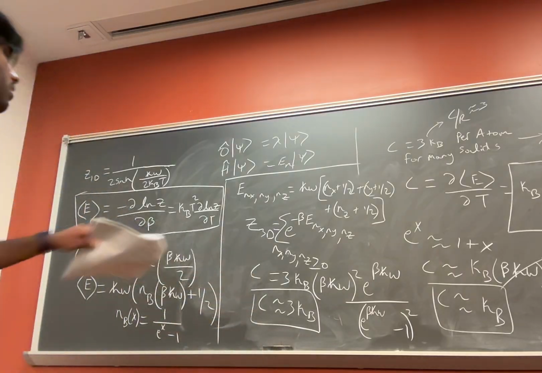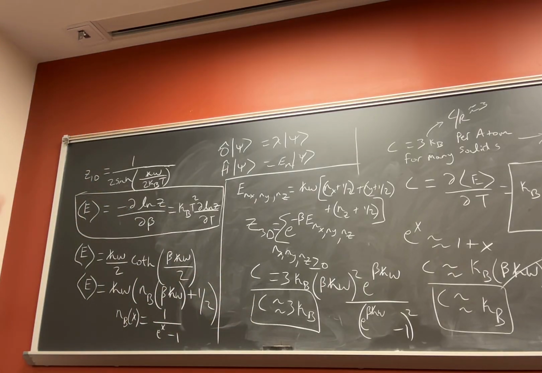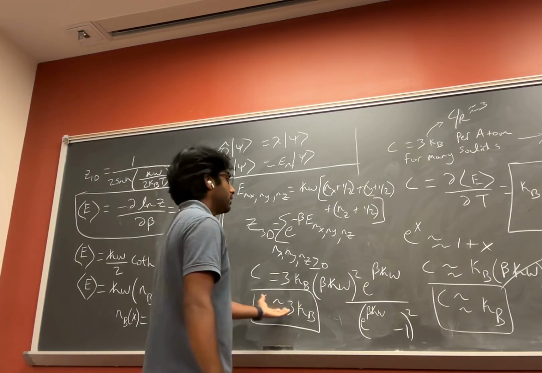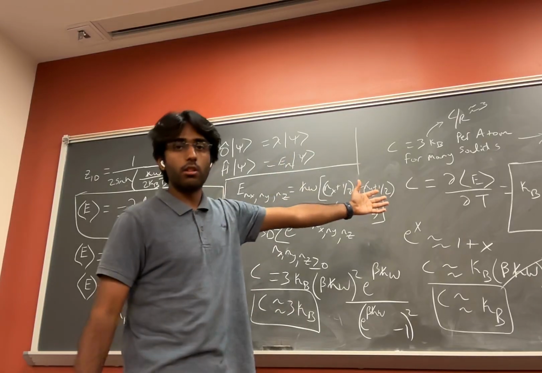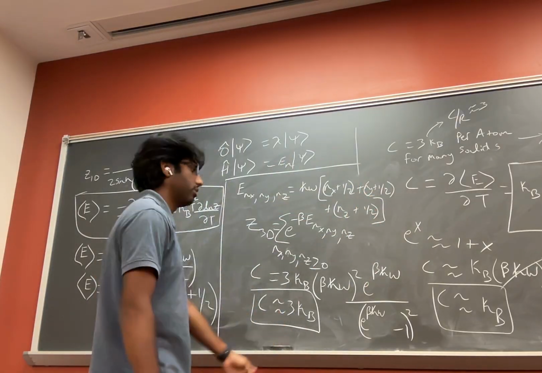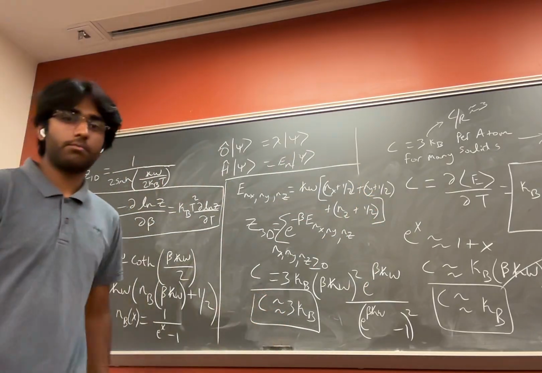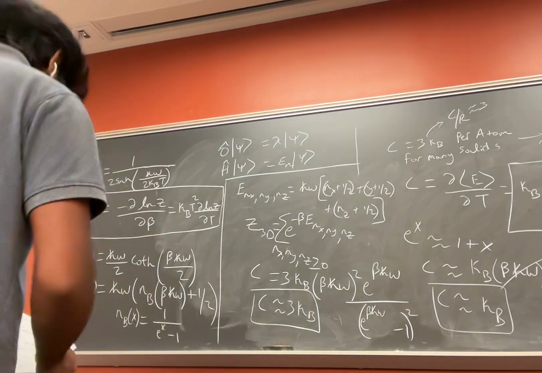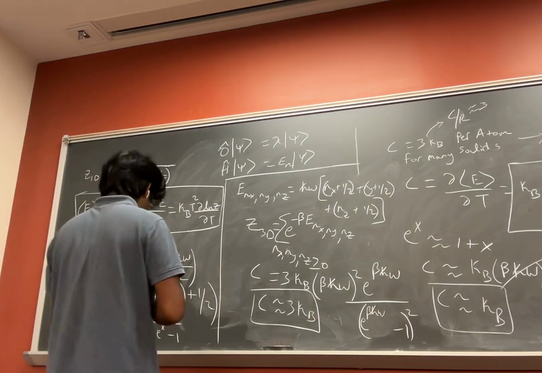And that's a very good result because now we see that Einstein's model is agreeing with the law of Dulong Petit at the high temperature limit with 3 kB. Great. It would have been a problem if it didn't.